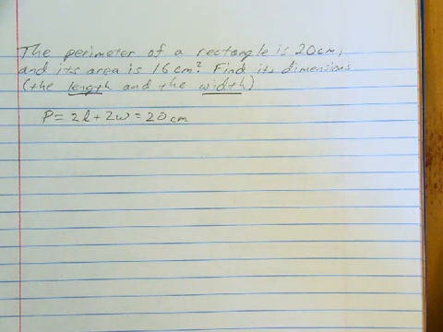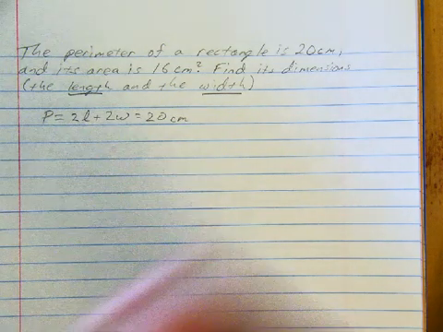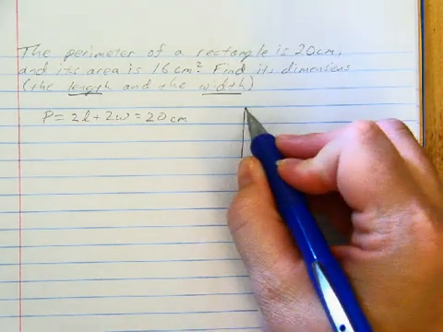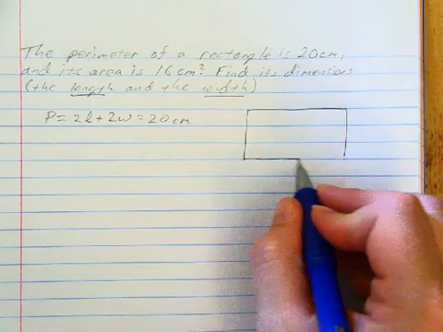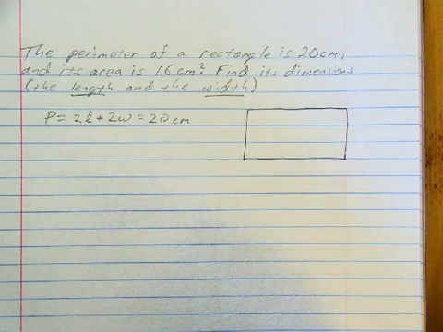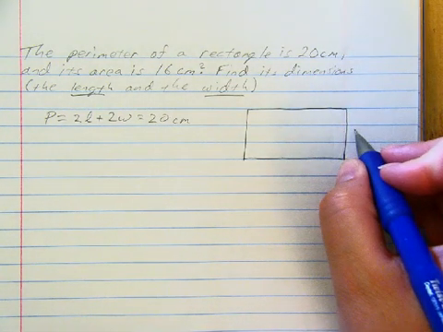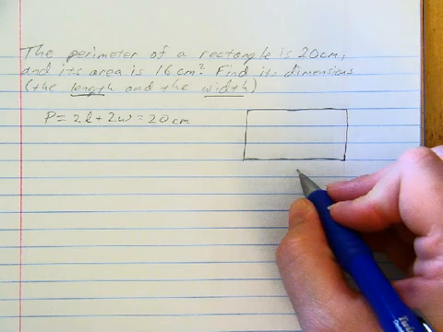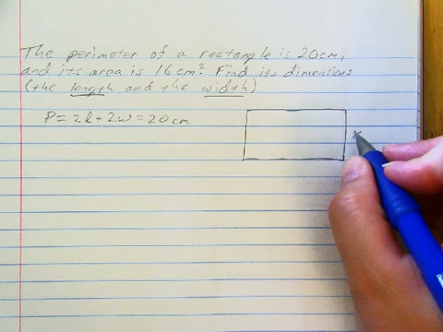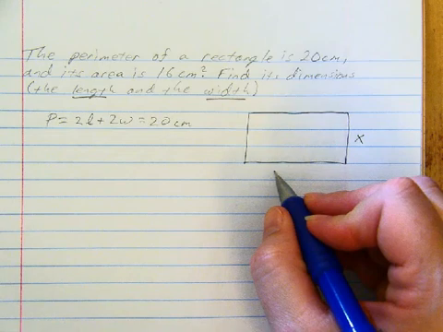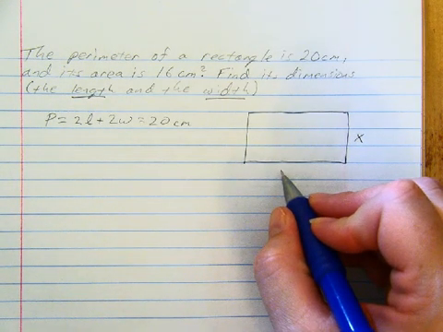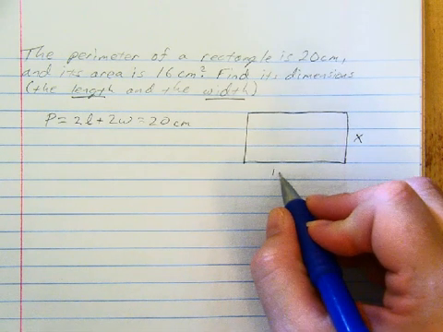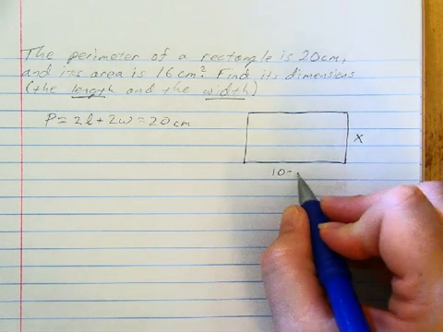Let's see here. Other things that we know. I'm just going to draw a picture. So if we know, let's say the length, actually, let's say our width is x, then our length would be 10 minus x.